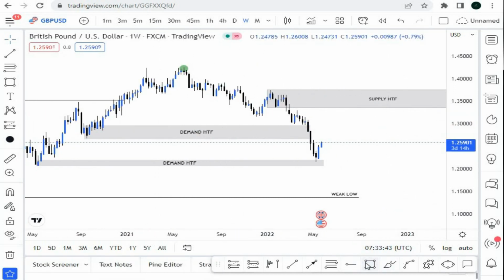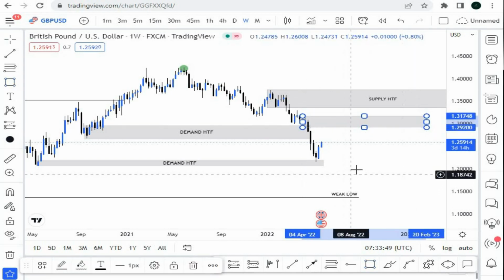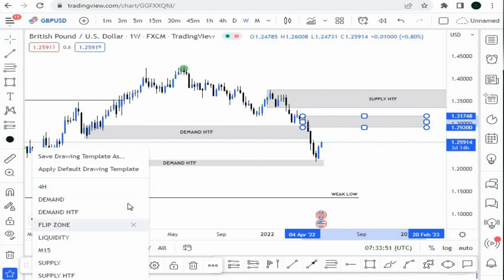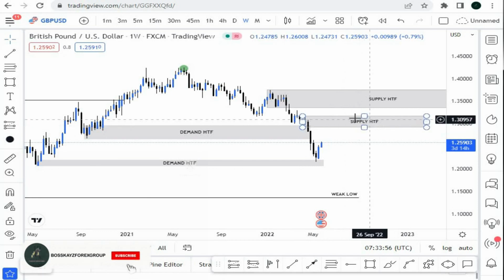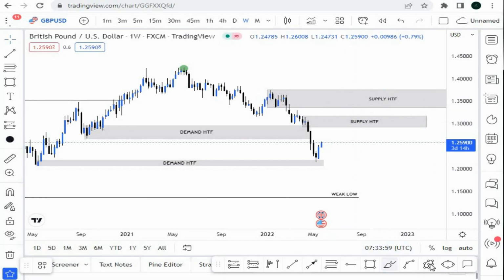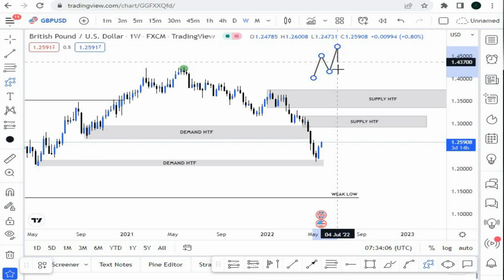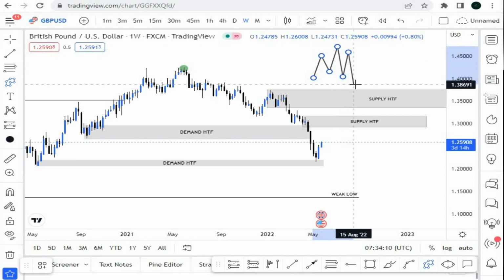this supply zone area right there, meaning it's still a higher time frame, because we are still in the weekly time frame, so it's still a higher time frame supply zone. To validate all of these supply zone areas, you want to see a change of character, something like this.